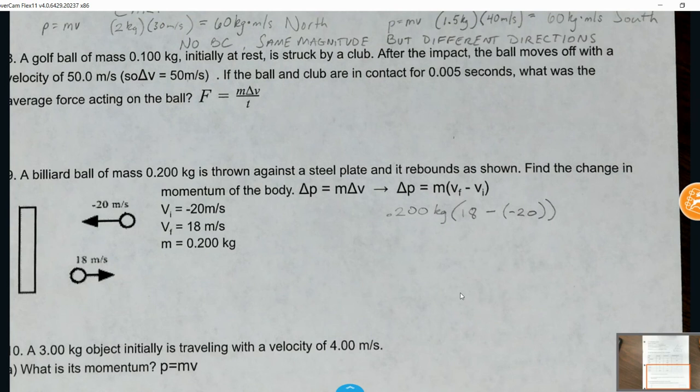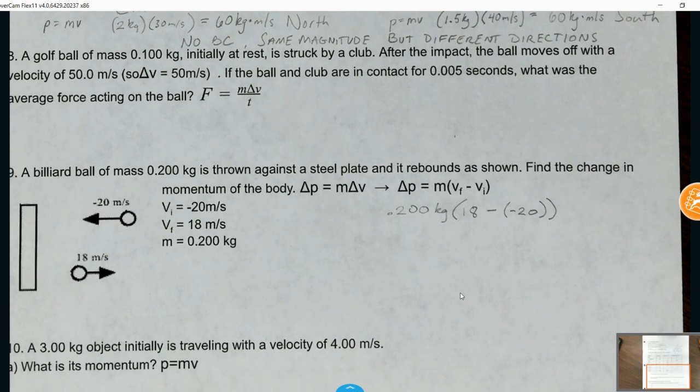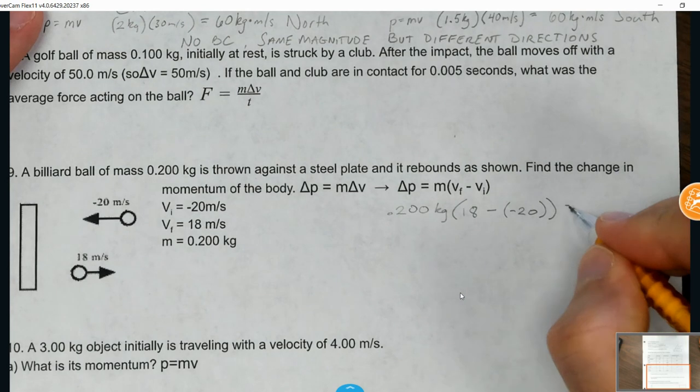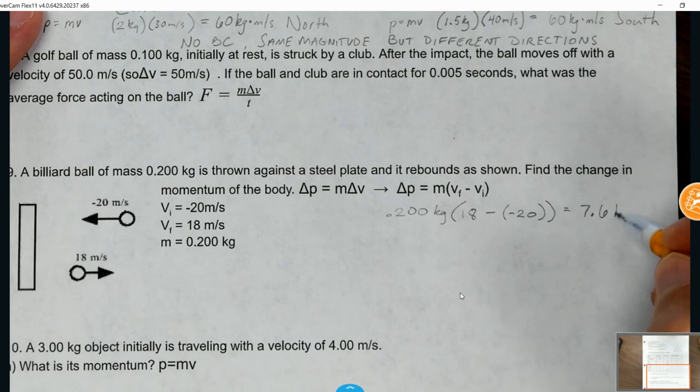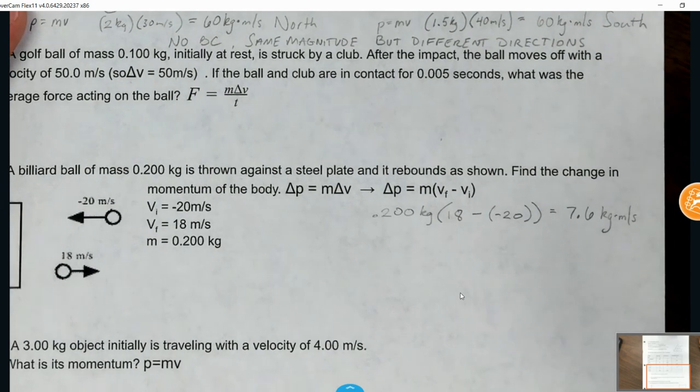So 18 plus 20, which is 38. And so 38 times 0.2 comes out to be 7.6 kilogram meters per second.